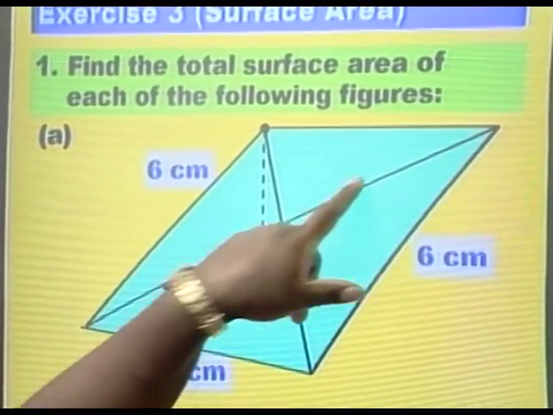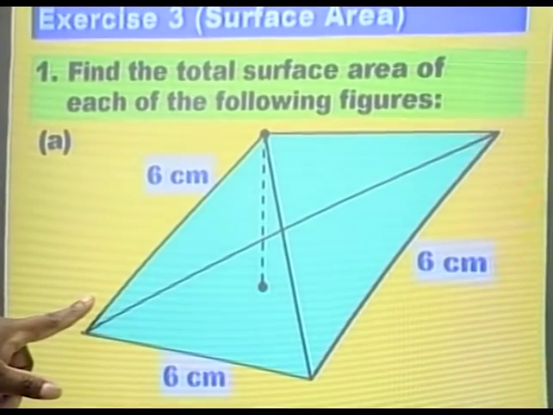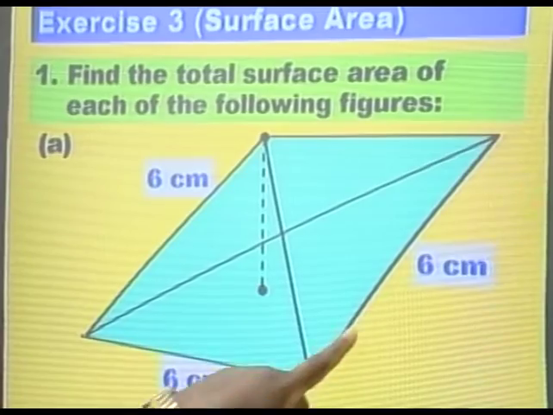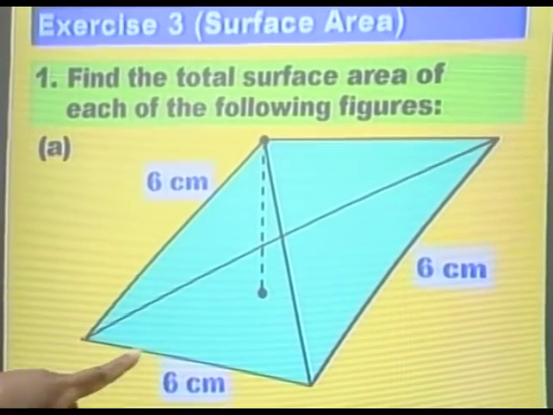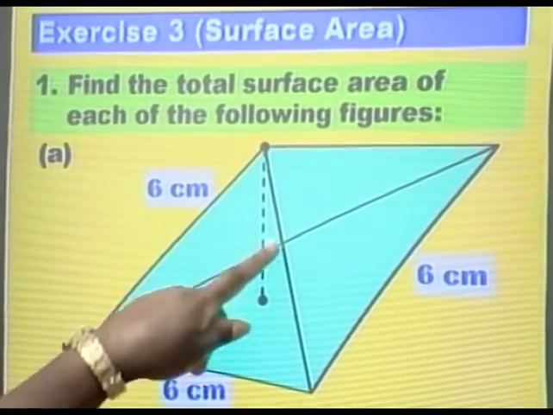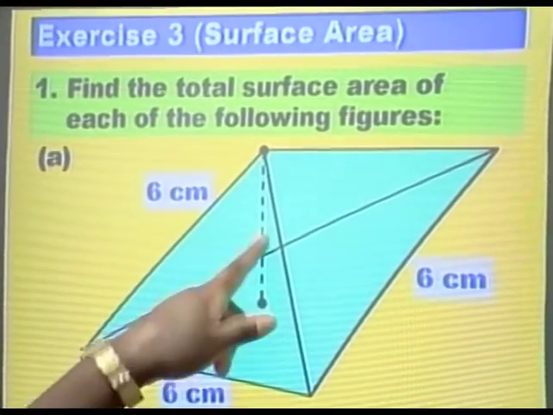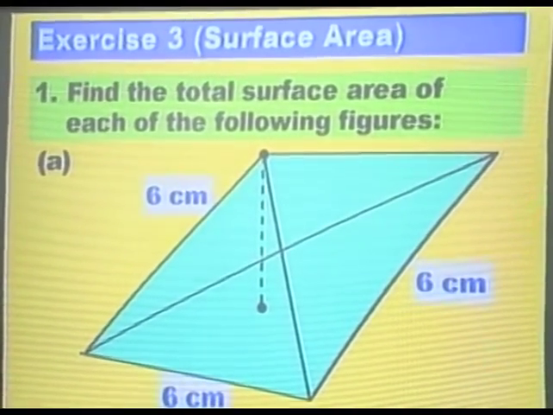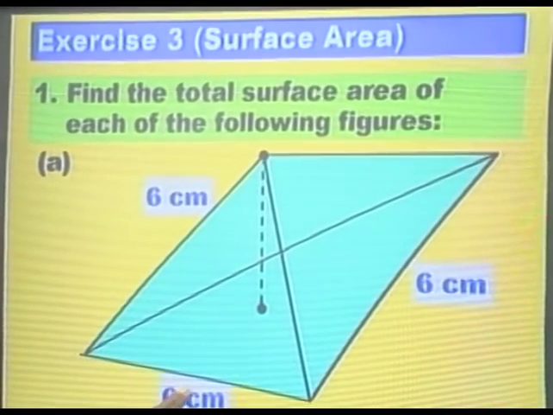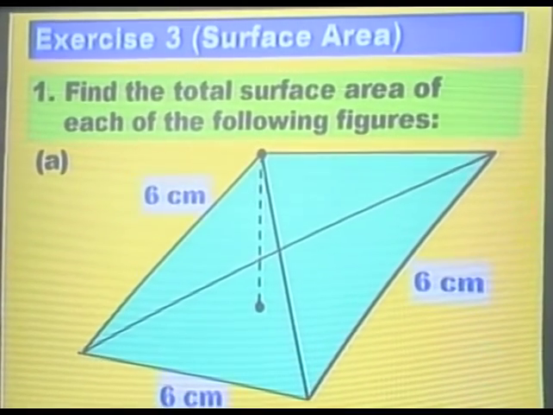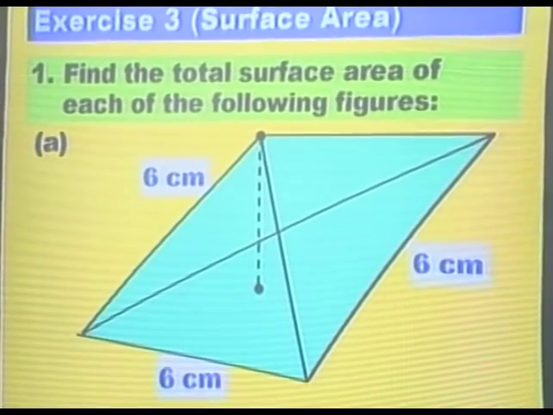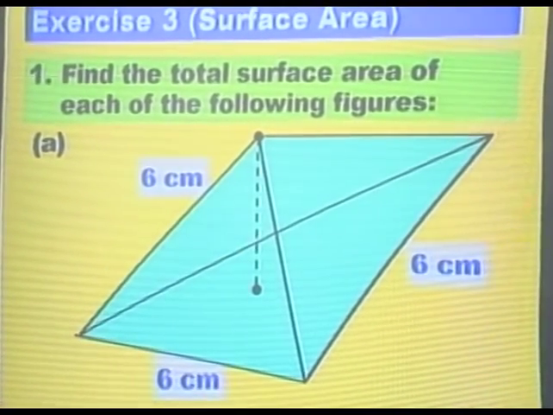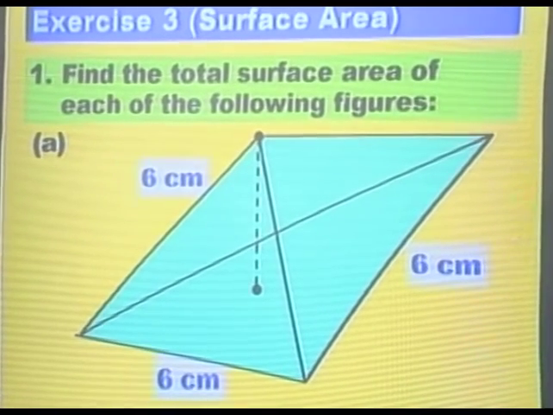If this is the base, actually it looks to me like a square base, but if this is the base, then there's one face, there's another one, and there's another one at the back. So it's a triangular base, 6 and 6, and this one is also 6. So the faces are equilateral triangles.